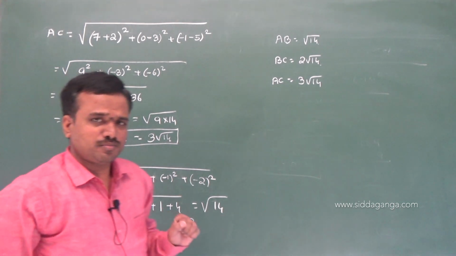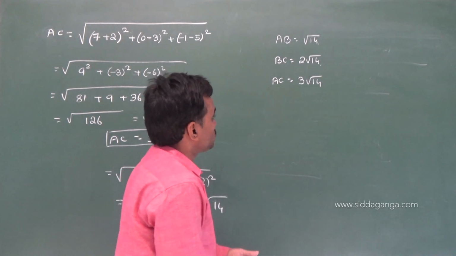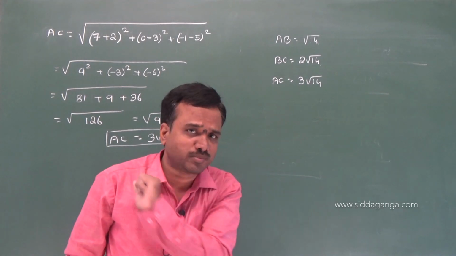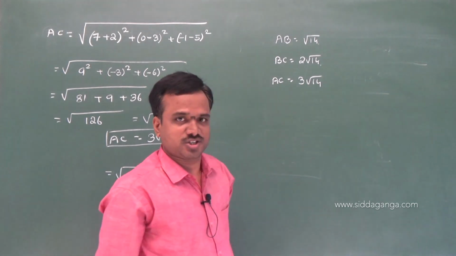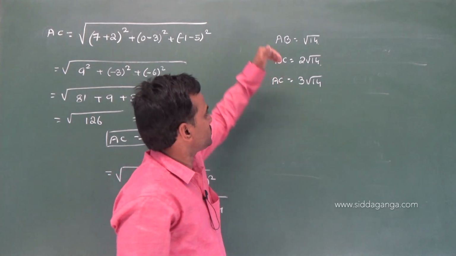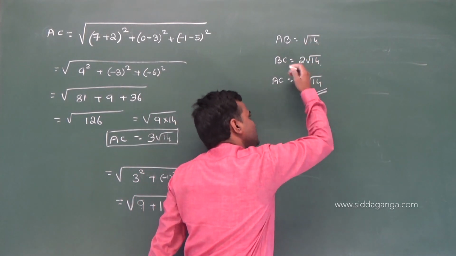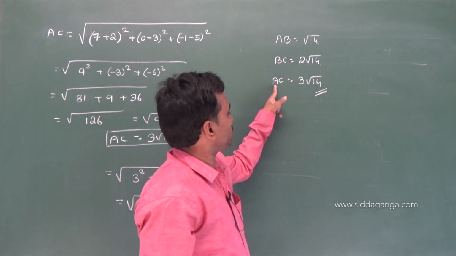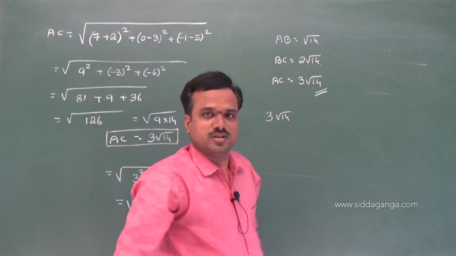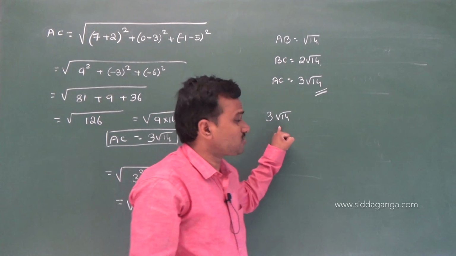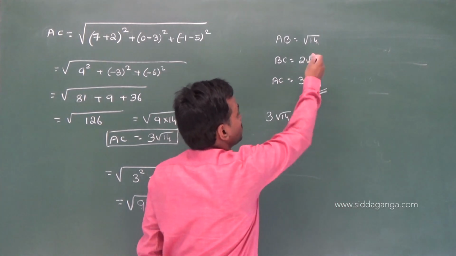So what was asked? Prove that these 3 points are collinear. To prove collinear by the concept of distance between 2 points, firstly we observe which distance is largest. Here, among these 3 values, the distance from A to C is the largest. If this value is equal to the sum of the other 2 values, what are those?